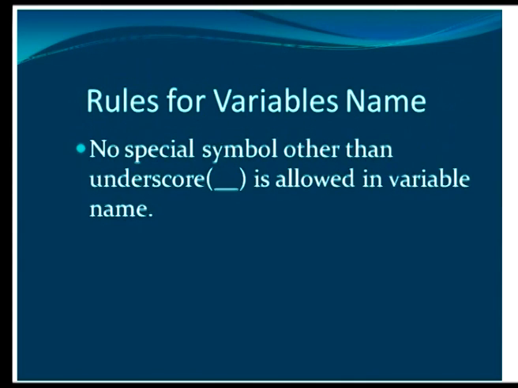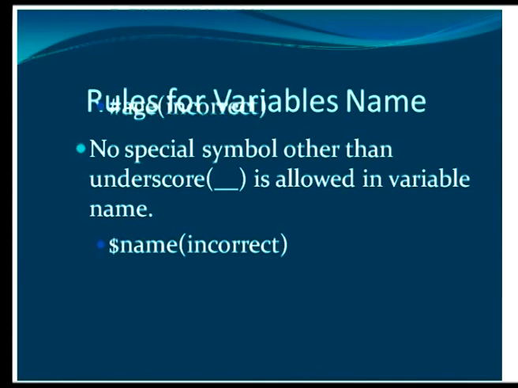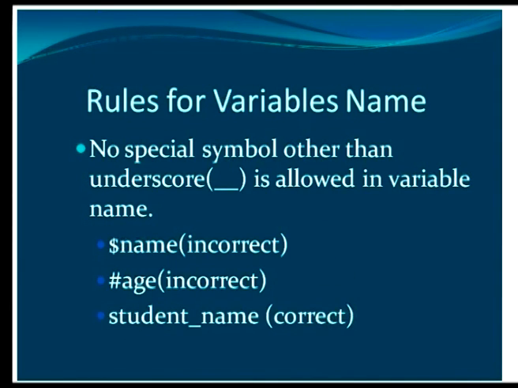No special symbol other than underscore is allowed in variable name. For example, dollar name, a variable name with a dollar symbol, is invalid. Similarly, hash age is invalid, while student underscore name is a valid variable name.